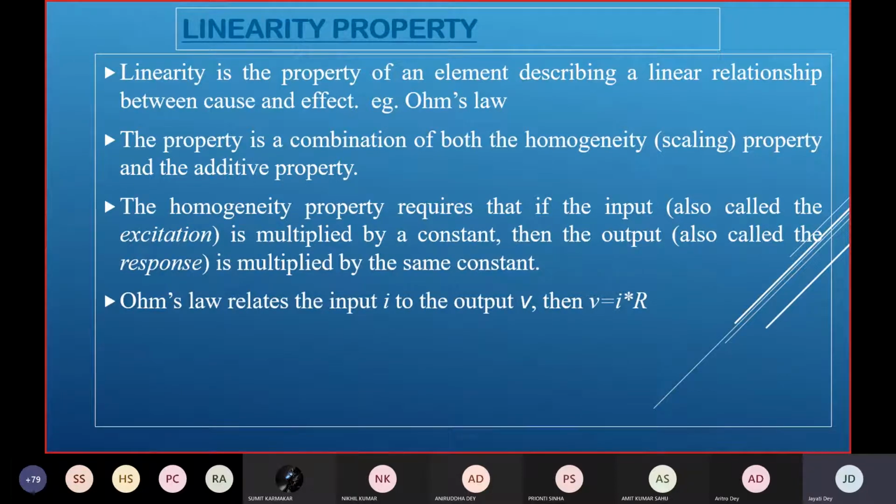Additive property means, suppose X is the cause and Y is the effect. X1 is the cause, Y1 is the effect, X2 is the cause, Y2 is the effect. Suppose alpha X1 plus beta X2 is applied as the cause, then the output will be alpha Y1 plus beta Y2.